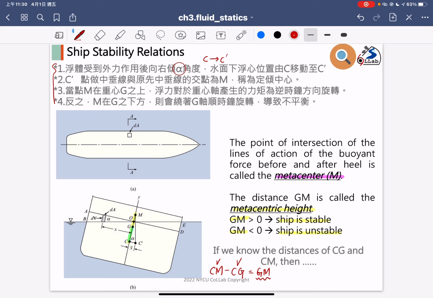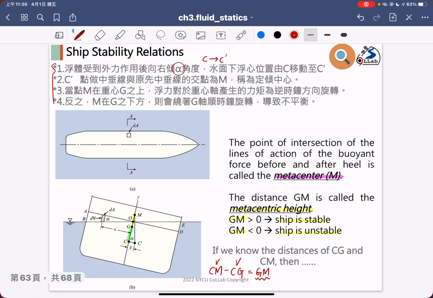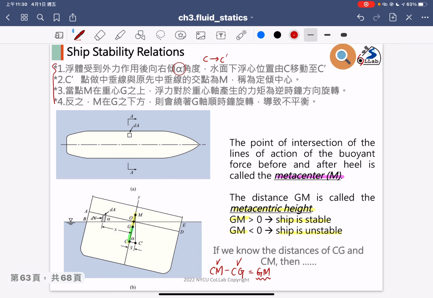So right now our purpose is how can we compute the CM value? The CM is our purpose. But what is the CG? CG is very easy to compute because the C is the buoyant center and the G is the gravity center.